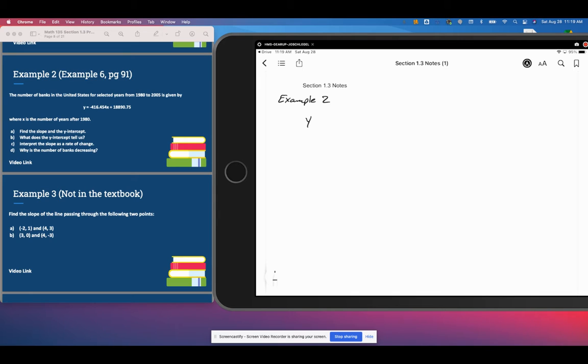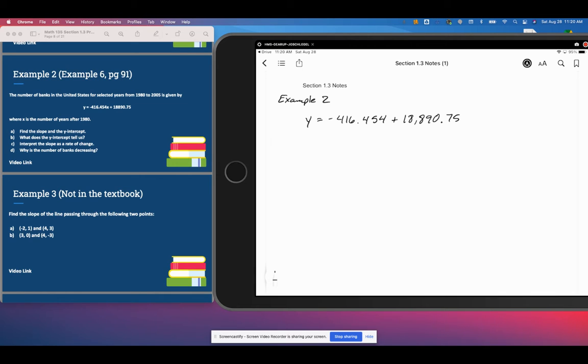Our equation is y equals negative 416.454x plus 18,890.75.